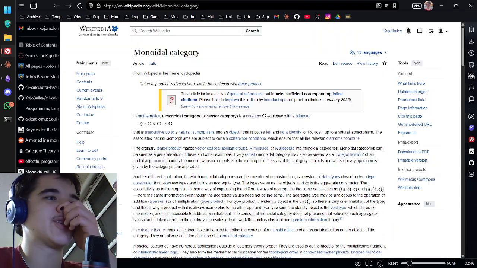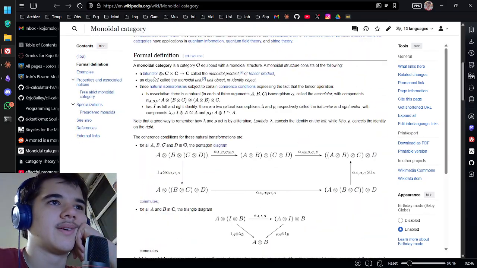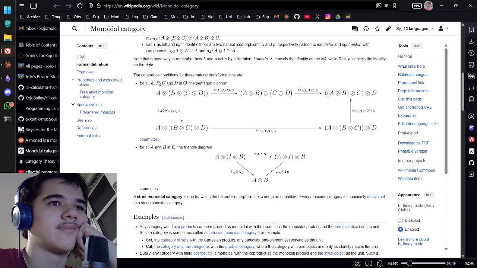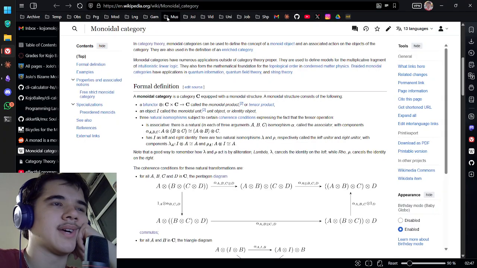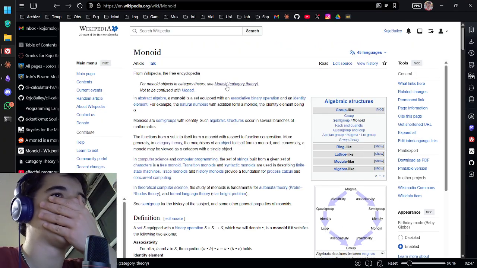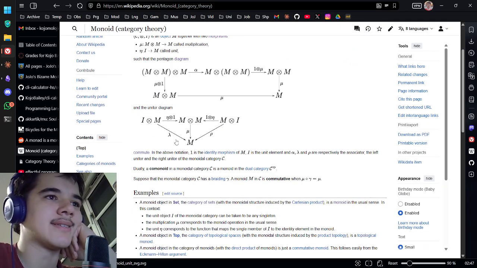Right, so if we look at the page again. Well, actually, let's go back to monoid first. Here, yeah. So you have this. Lambda connects I cross m to this, and m cross I is rho to this.